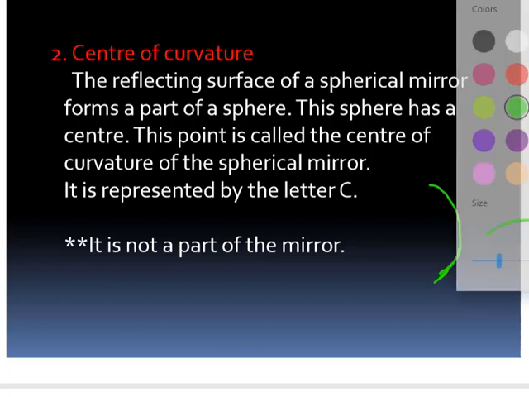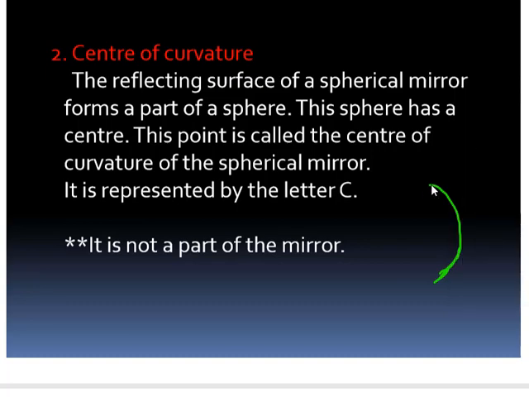Now, if you complete the circle, this is the center of the circle. Now this center of the circle is known as the center of curvature. See, this is a curve. If you draw a circle out of this curve, this point, the center, is known as the center of curvature.